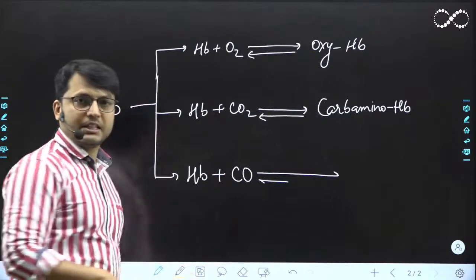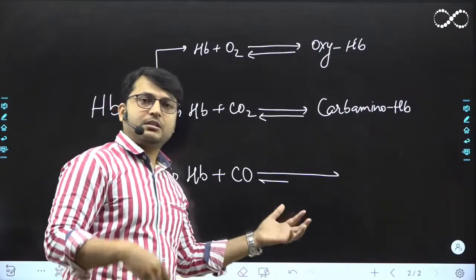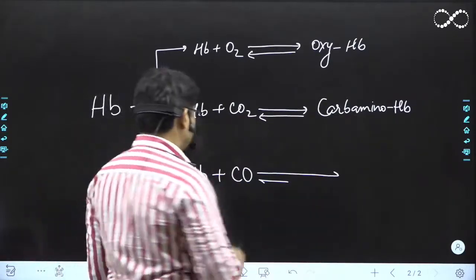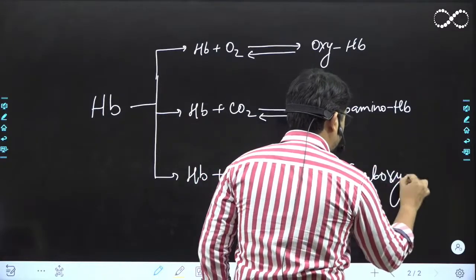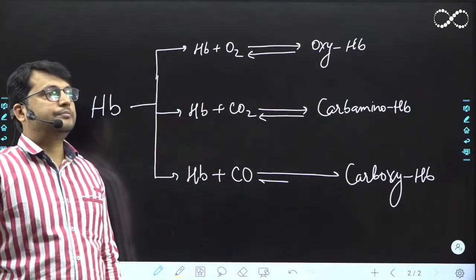Got it? So I have purposefully drawn a very small arrow here. So largely it is irreversible process, है ना? Forward reaction का rate बहुत अधिक है. ठीक है? This forms the carboxy HB. Got it?